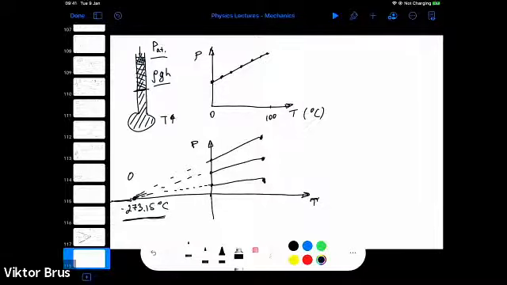This is a temperature at which it's a unique combination of temperature and pressure at which three phases of water can coexist simultaneously: solid, liquid, and vapor, like ice, water, and vapor.